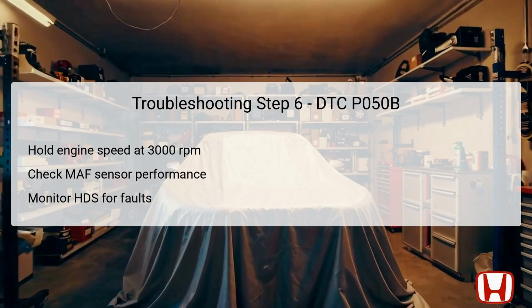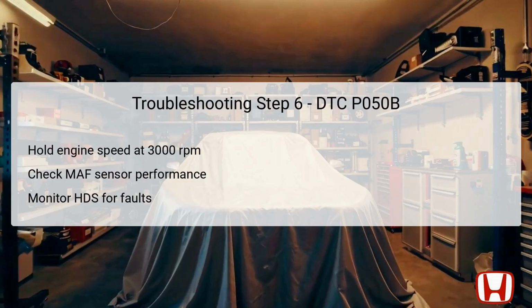Additionally, when maintaining an engine speed of 2,500 RPM for at least 30 seconds, utilize the Honda Diagnostic System, HDS, to assess various parameters and confirm that the MAF sensor readings fall within the range of 4.1 to 5.7 grams per second, g/s.